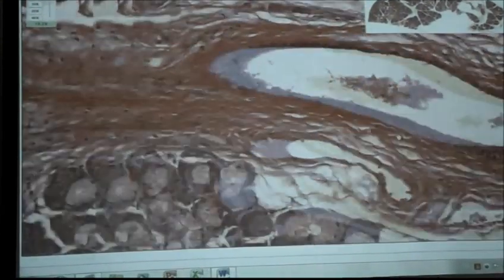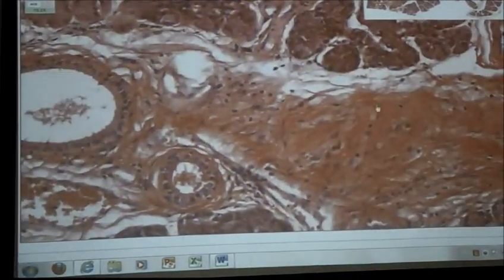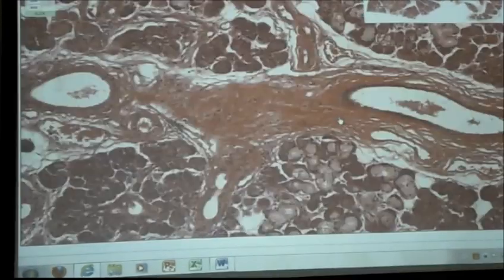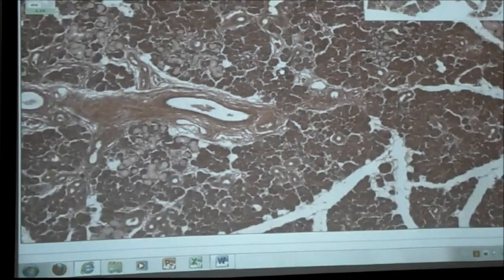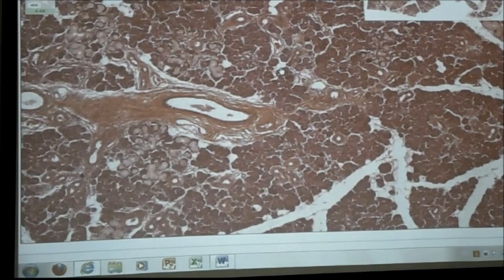See the connective tissue. You can easily see that this is connective tissue, with a lot of proteins, a lot of extracellular matrix. The serous type of secretion here is the same as the parotid gland, and of course here you also have mucinous gland, so you will have slightly more mucin secretion.